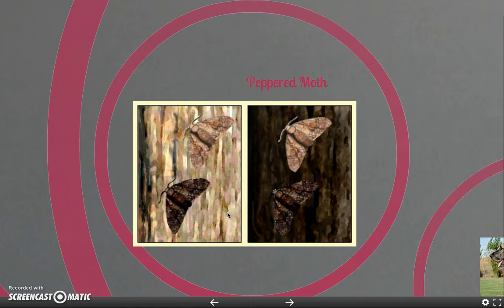And then over time during the Industrial Revolution, as different factories and cities polluted their environments, the trees were turned to a darker color. And the darker version of the moth became more successful, being able to hide in the darker colored trees. And over time, the majority of the moths have gone from this lighter colored species to the darker colored species. So humans have watched this change occur over time as well.